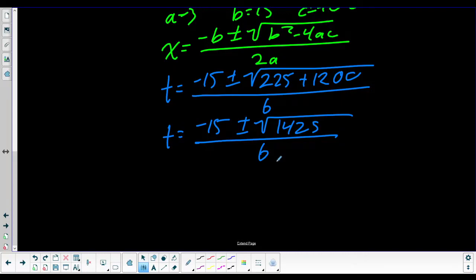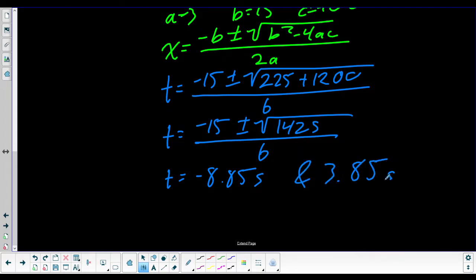Calculator time. So we plug that into our calculator, and when we plug this into our calculator, we get two answers. Let's look at them. Our two answers are t equals negative 8.85 seconds, we'll round a little, and the second one is 3.85 seconds.